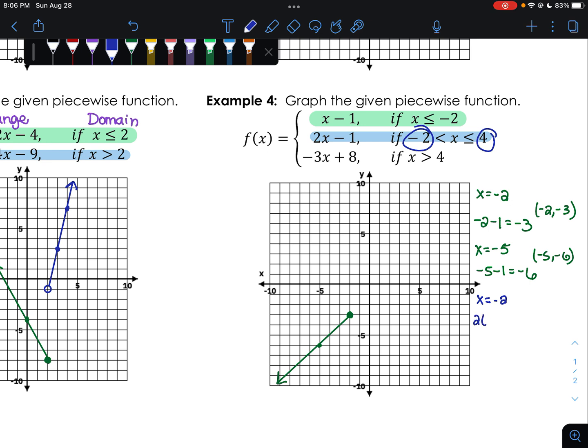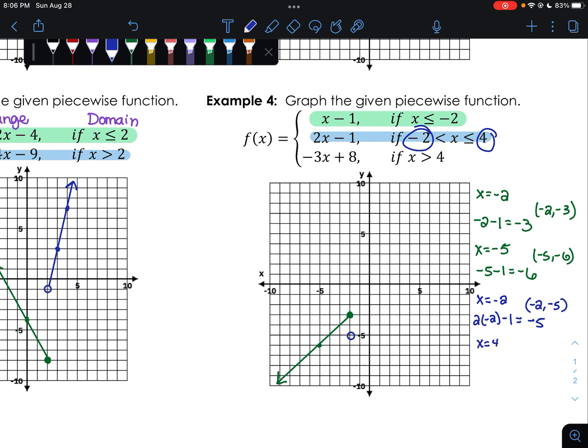So that would be 2 times negative 2 minus 1, which would be negative 4 minus 1, which is negative 5. So we get negative 2, negative 5. So I go negative 2, negative 5. It's an open circle. Then I'm going to pick 4.